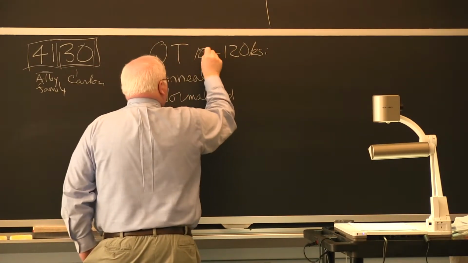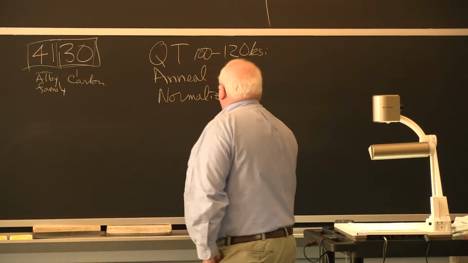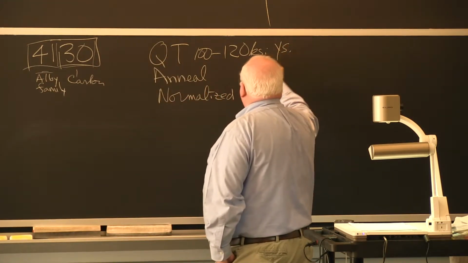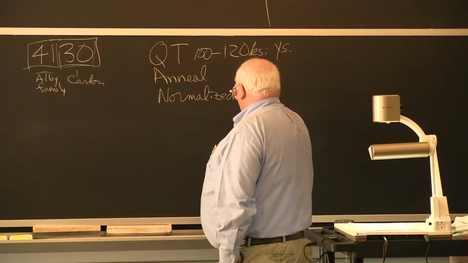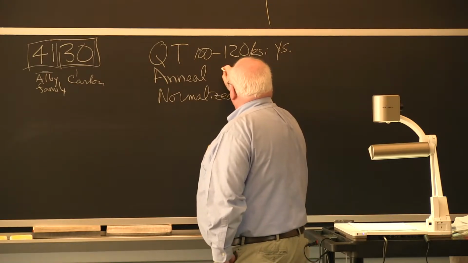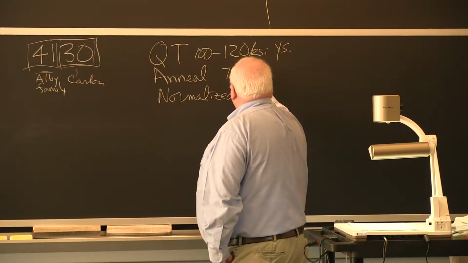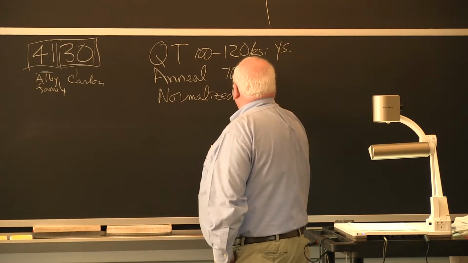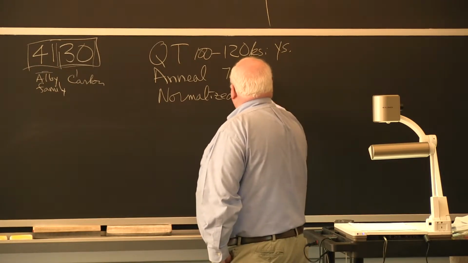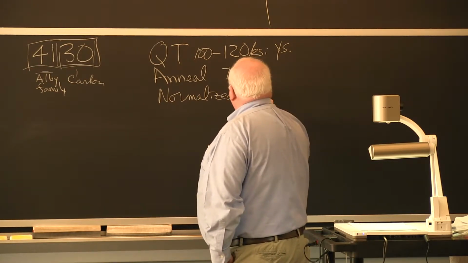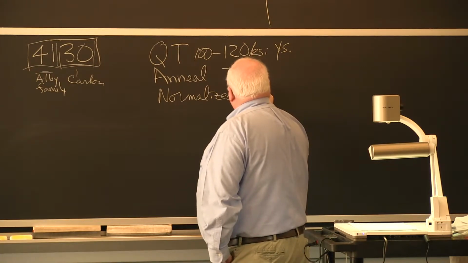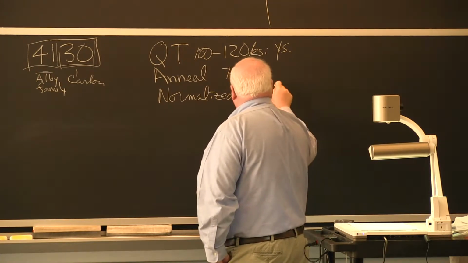I'll say 100 to 120, I didn't look it up. Yield strength, not much higher tensile strength. Annealed, it might be 70 KSI. And normalized, it'll probably be 90 to 100.